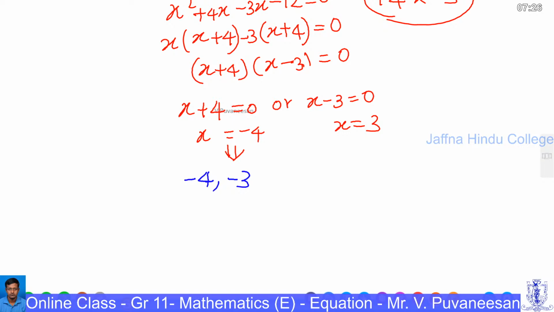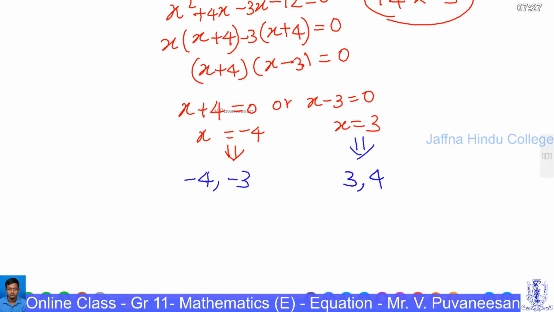Now look at x equal to 3. One number x is 3, and the other one is x plus 1: we add 3 with plus 1, which is 4.